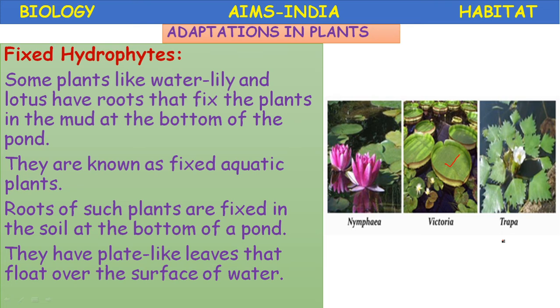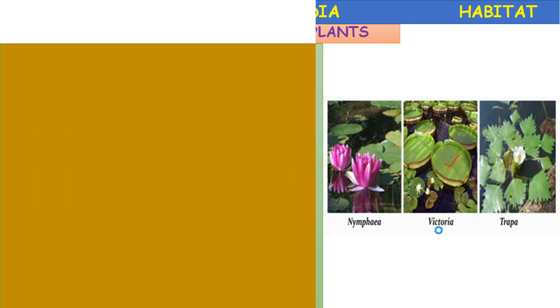The stomata are present only on the upper surface of the leaf. Okay. Examples: lotus, water lily, Nymphaea, Victoria, Trapa.